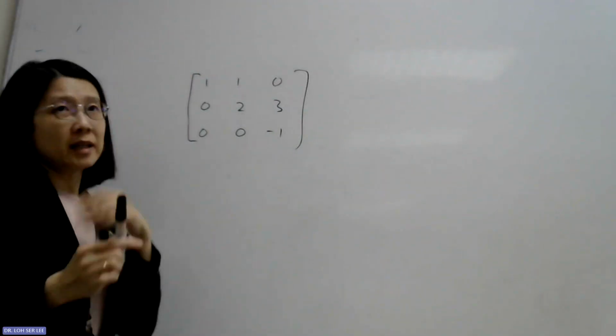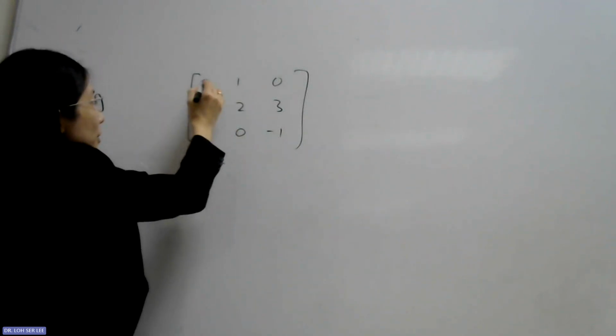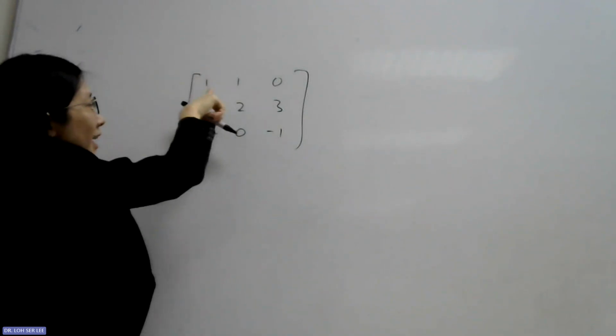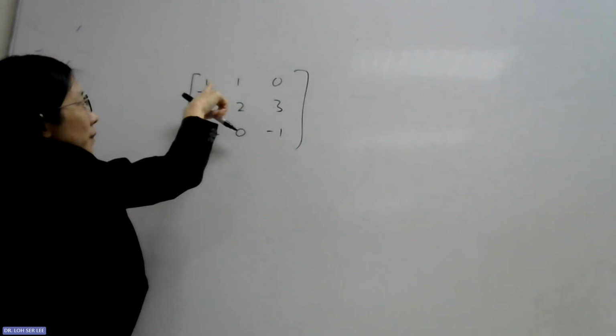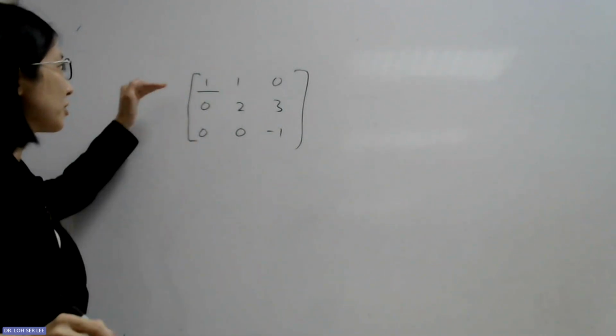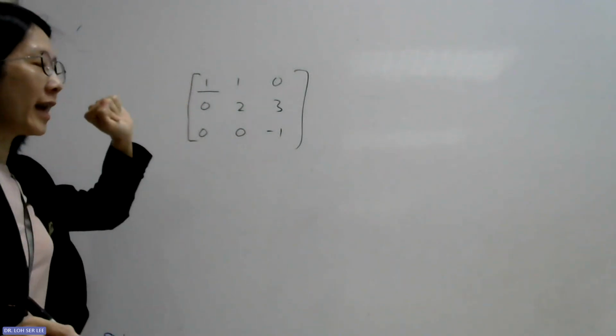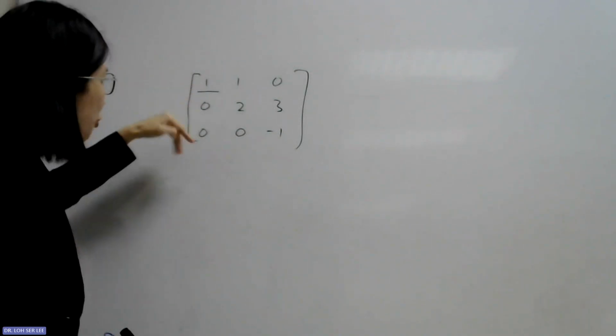When we sketch the staircase, the first entry that is non-zero is the pivot. So you put one horizontal line here, and those entries under the line should all be 0.